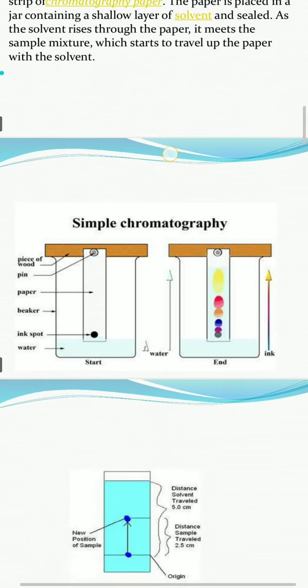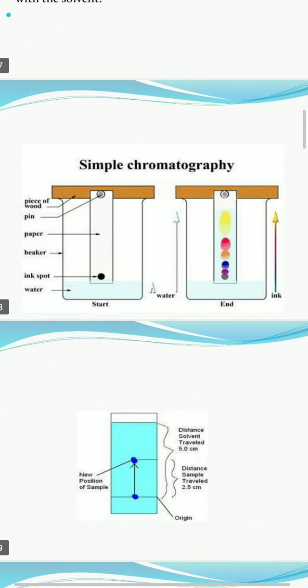Either cellulose acetate paper or Whatman paper is used, and the ink dot is placed about 2 centimeters above the solution containing the water or the organic solvent that is used for the separation of the mixture of substances.